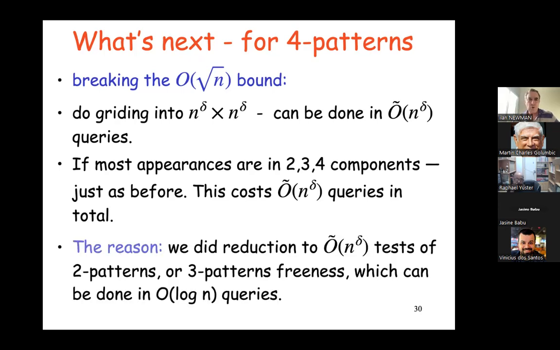For the case of 2 components, I will still have to look for all the components and do the size 2 patterns, but this took log n queries and not n to the delta and not square root of n. So this I could still afford to do. And so the whole thing will become, if you solve the recursion, if I do the gridding to n to the delta times n to the delta, it will become n to the 2 delta.